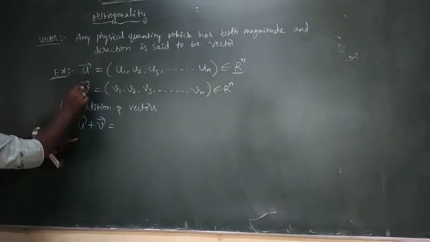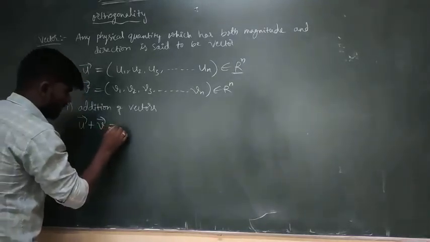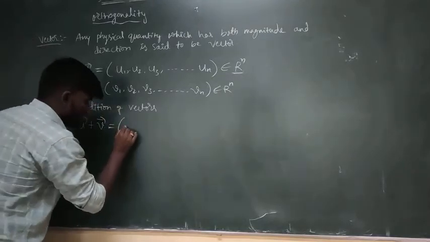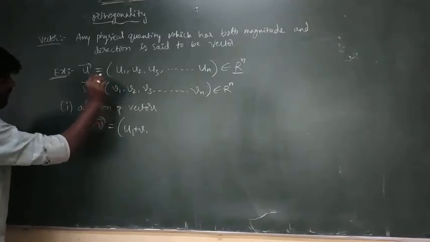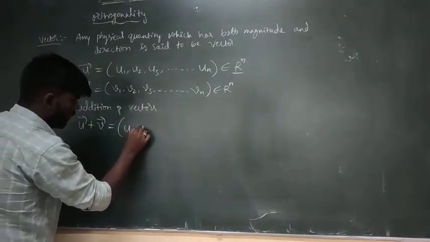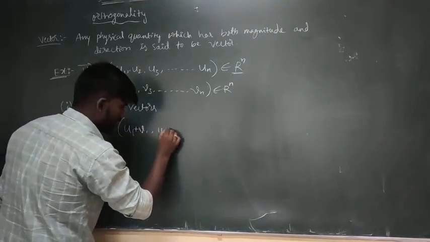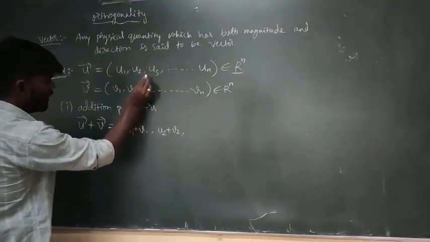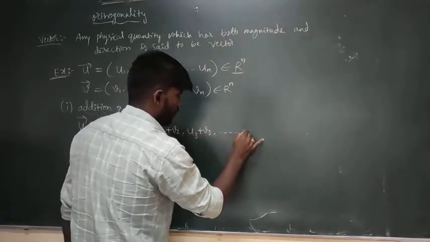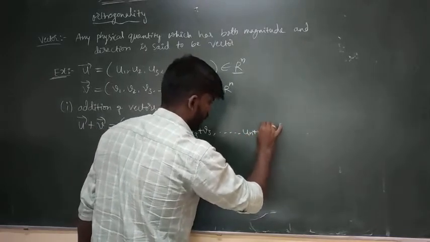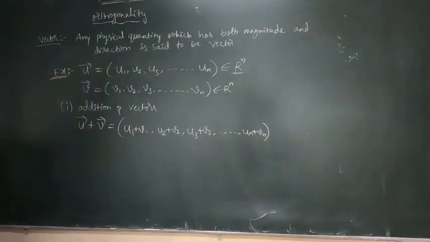If we add vector u and vector v, we get u1 plus v1, the corresponding elements of the vectors, u2 plus v2, u3 plus v3, and so on up to un plus vn. This is the addition of vectors in n dimensional vector space.